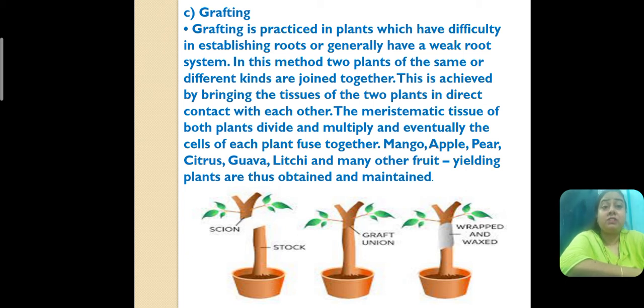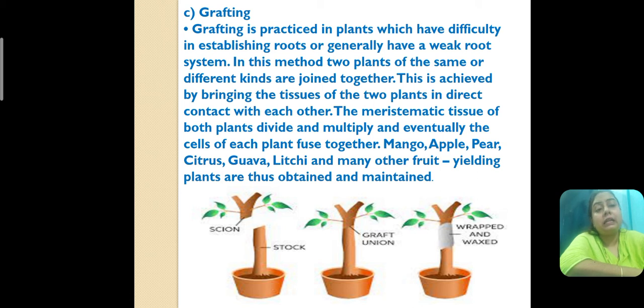As you all know, the meristematic tissues of both plants will divide and multiply, and eventually the cells of each plant will fuse with the other. Mango, apple, pear, citrus fruits, guava, lychee, and many other fruit plants are cultivated by this method, and uniform genetic traits are maintained.